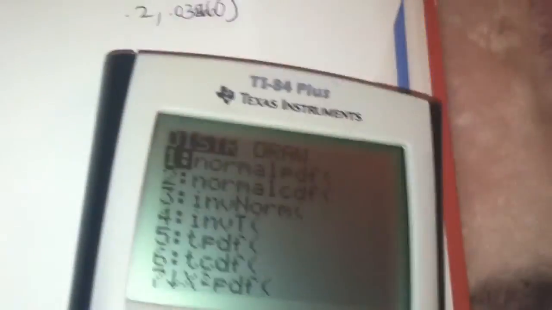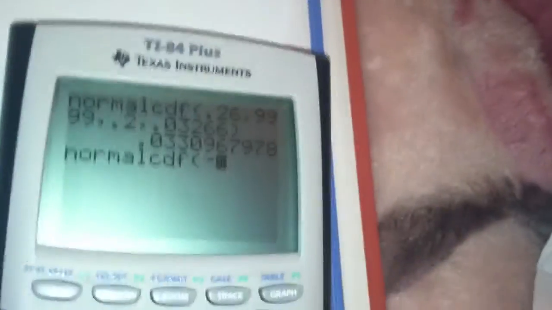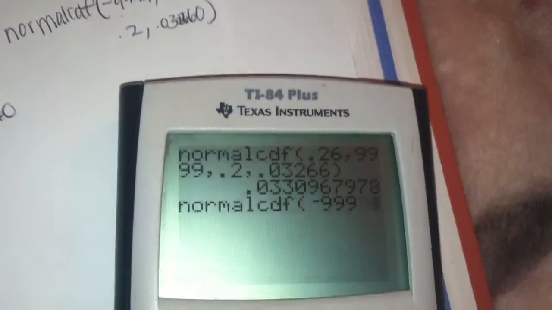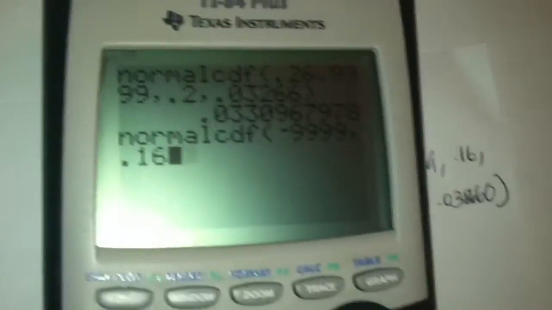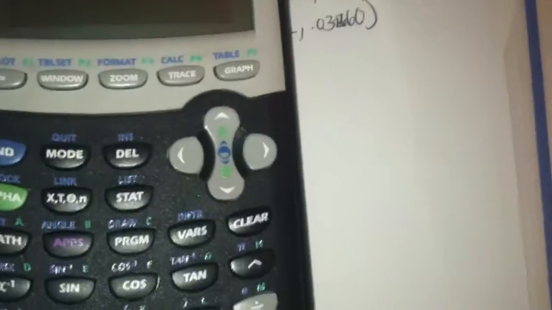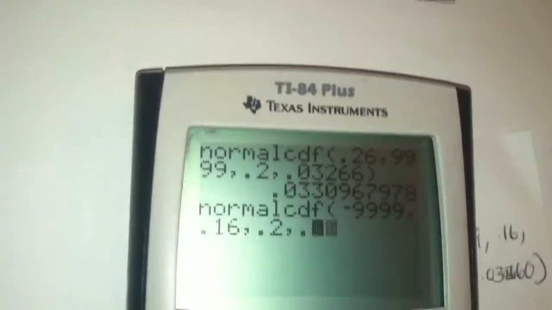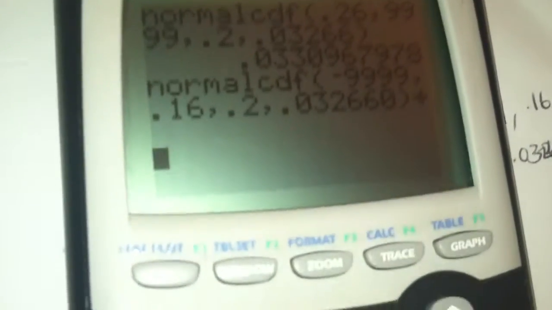So we plug that into the calculator. The second bar is normal CDF, negative 999. I put a plus sign by mistake, so I'm going to fix that.